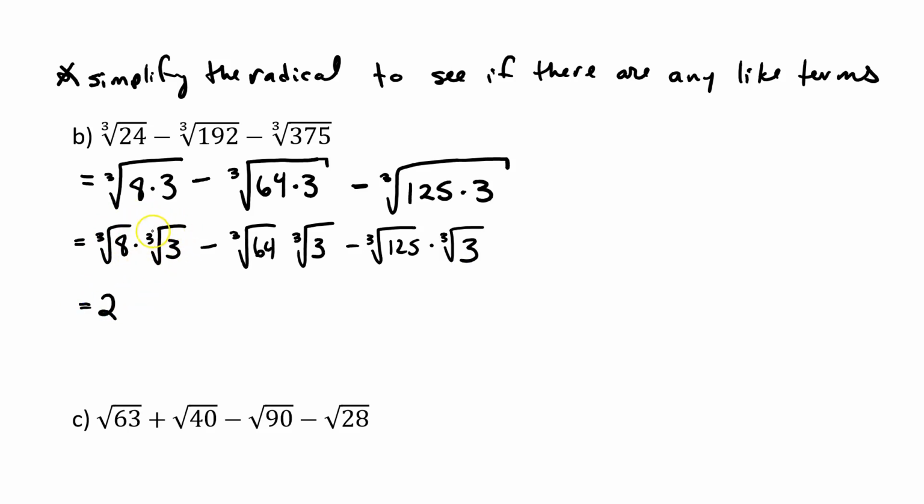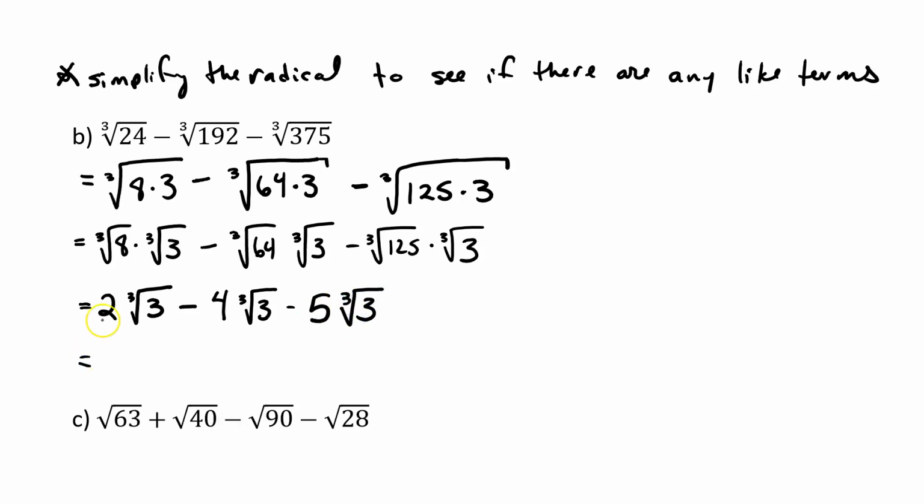And there's no simplification that I can do here, even though it feels like it could be 1. I know if somebody looks at that, it looks a little funny, because what's the cubed root of 3? But if you think about it, there's no whole number that can be multiplied by itself 3 times to get 3. Minus 4 times the cubed root of 3 minus 5 times the cubed root of 3.